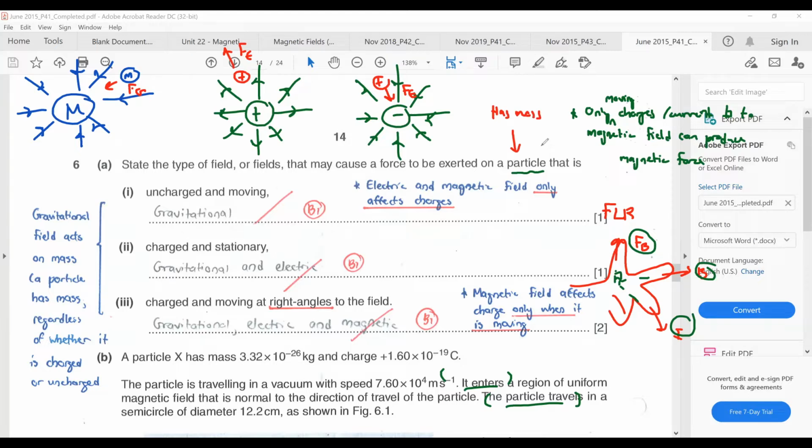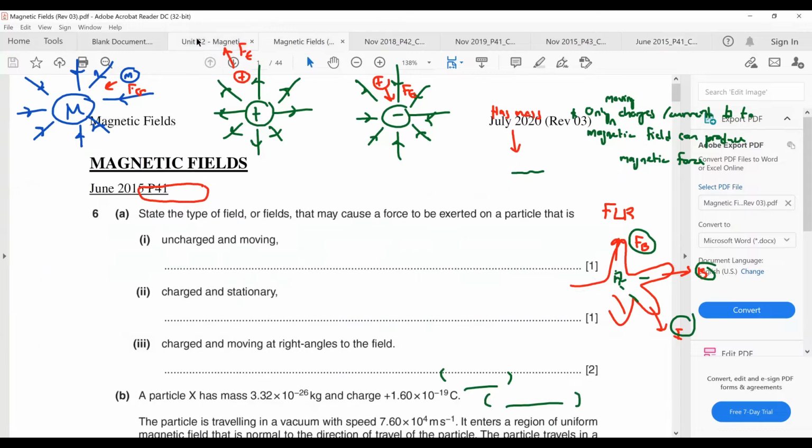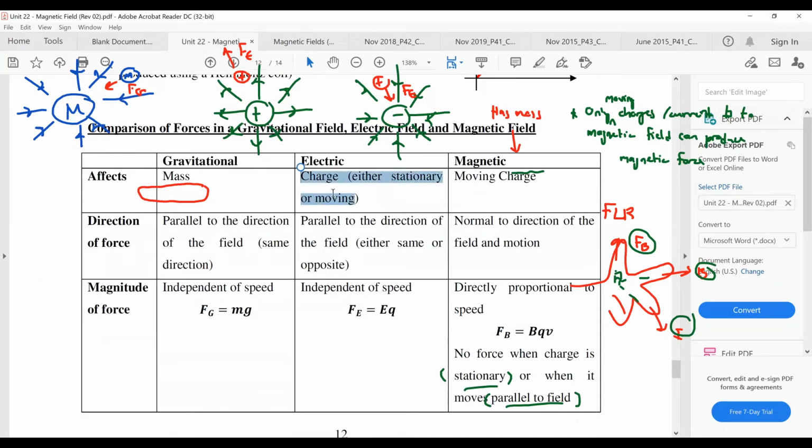So gravitational field definitely would affect the particle. But if the particle has no charge and is moving, electric field and magnetic field will not affect it. As I mentioned just now, electric field would affect charge, and magnetic field would affect moving charge.